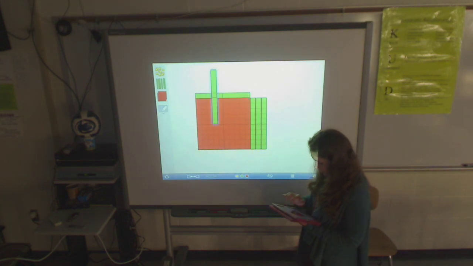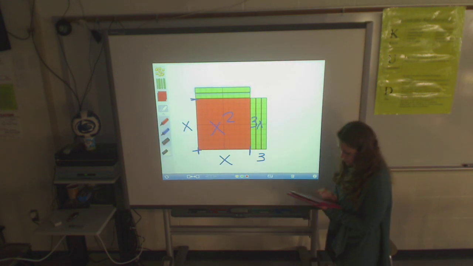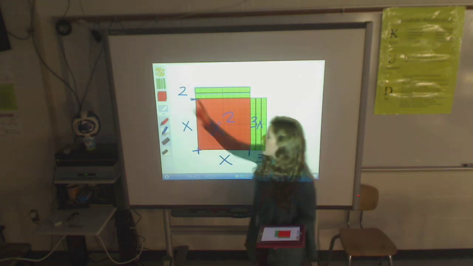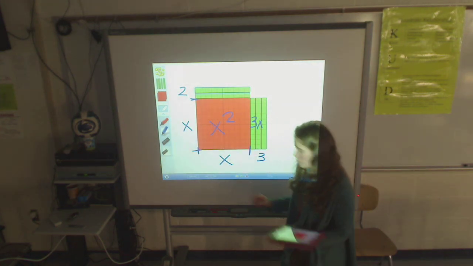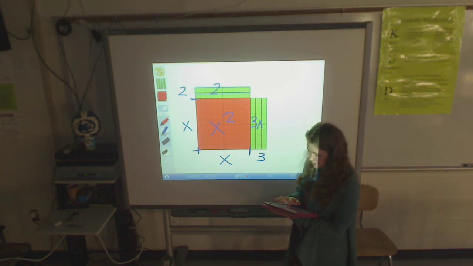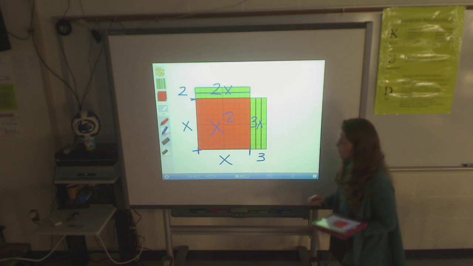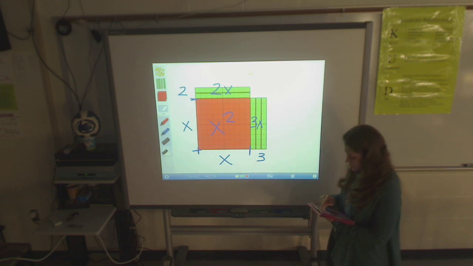So we can do the same thing on top, if it lets me. Okay, so I want to add 2 more green on top. And now we know that this distance is 2. And when we multiply 2 times our x, we're going to get 2x up here for this. And so now here comes the fun part. So now you take these little yellow squares, and we want to fill in this missing amount.